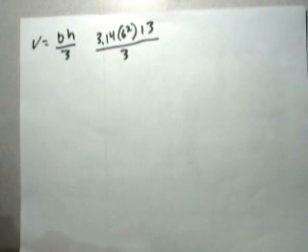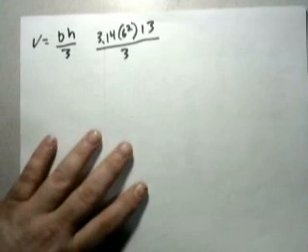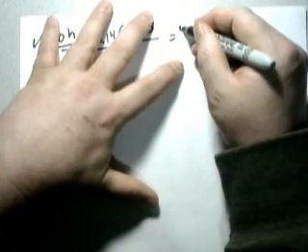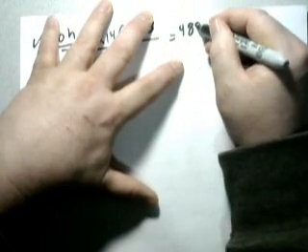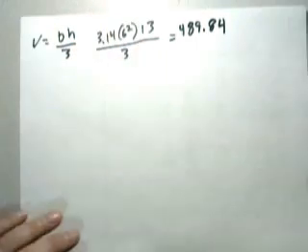So let's take a look at this one. 3.14 times 36 times 13, all divided by 3. 489.84. So 489.84.